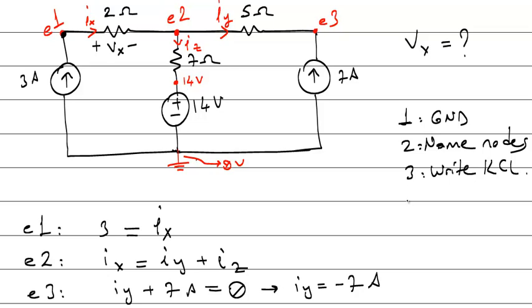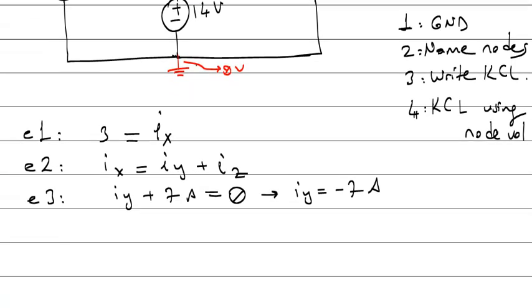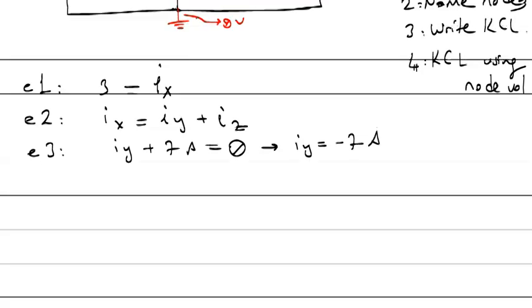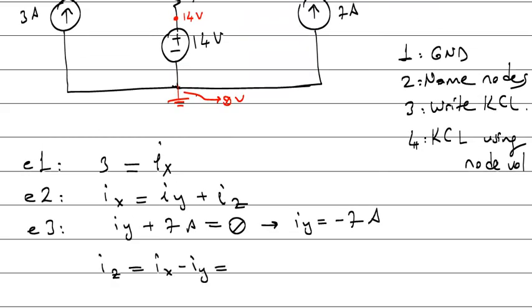The fourth step is, rewrite the KCLs using node voltages. Okay, from here, Iz, if you rewrite this equation, Iz is equal to Ix minus Iy.